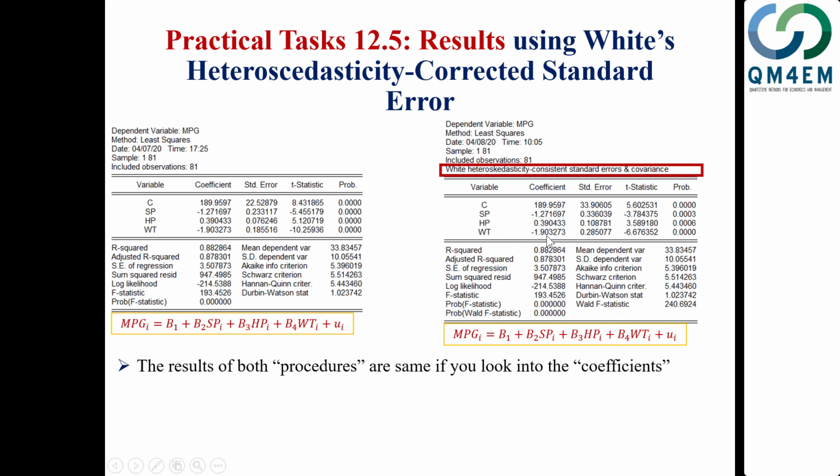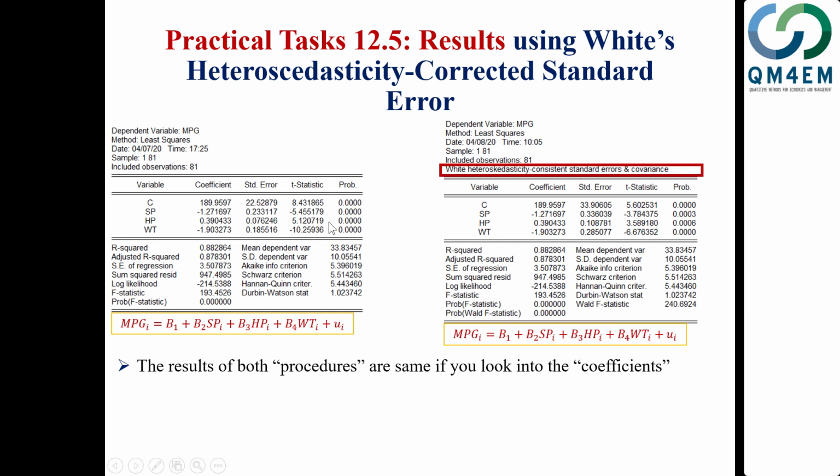So the coefficients are the same. What is different? The difference is the standard errors. Look at the standard errors on the left side and on the right side. They have different values. Now we would trust the result of the White heteroscedasticity-consistent standard errors and covariance, and you can see that the probability values and the t-statistic values are different in both.